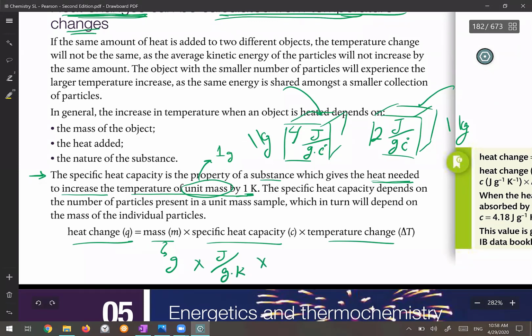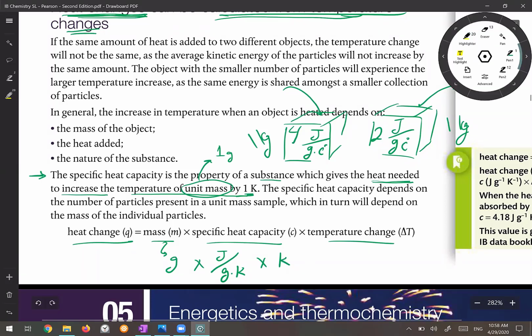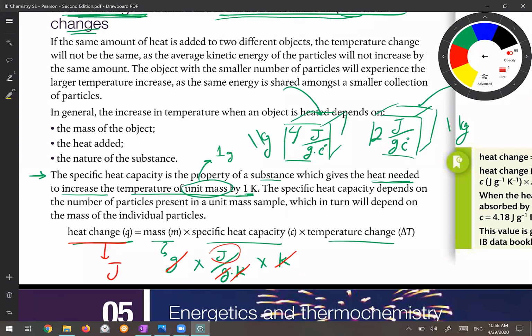And the temperature is in Kelvin. So what happens if you multiply all of these? The gram in the numerator cancels the gram in the denominator. The Kelvin in the numerator cancels the Kelvin in the denominator. So what remains here? The joule, the unit of energy.